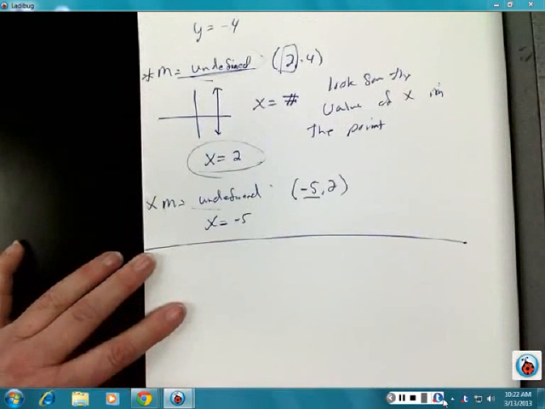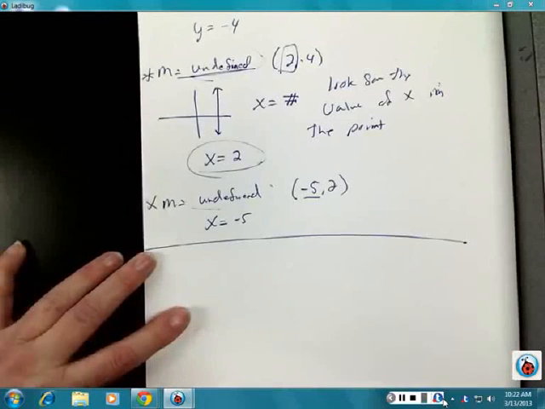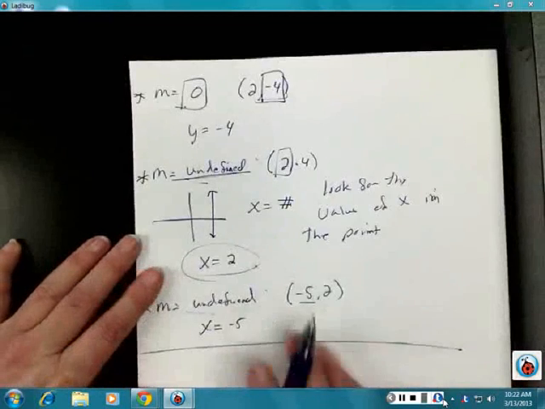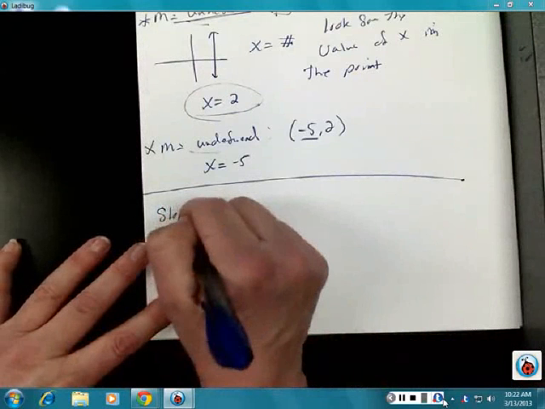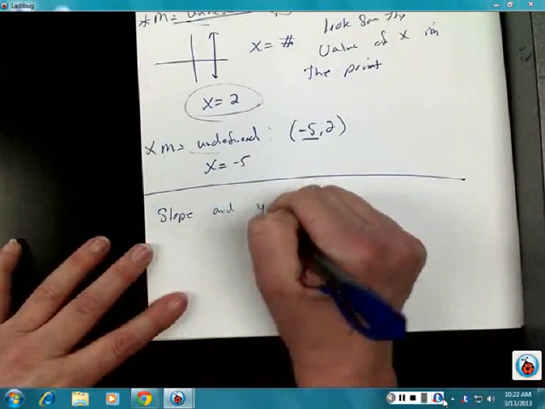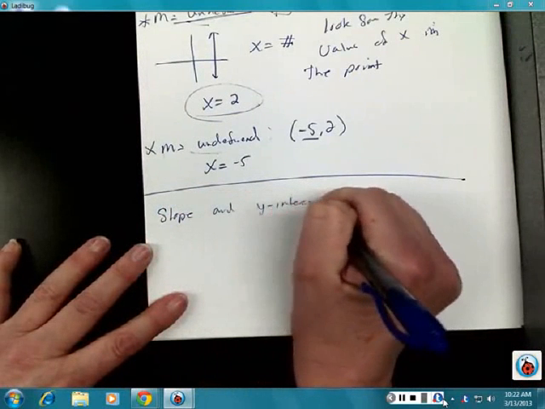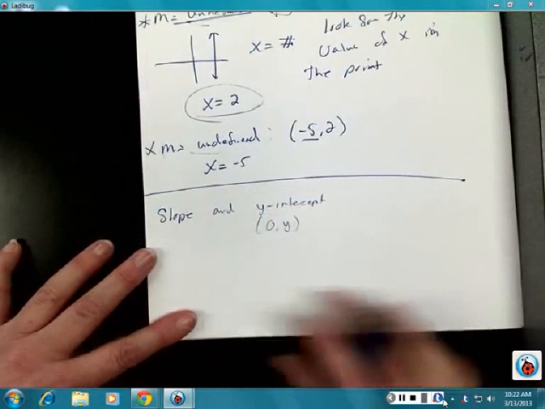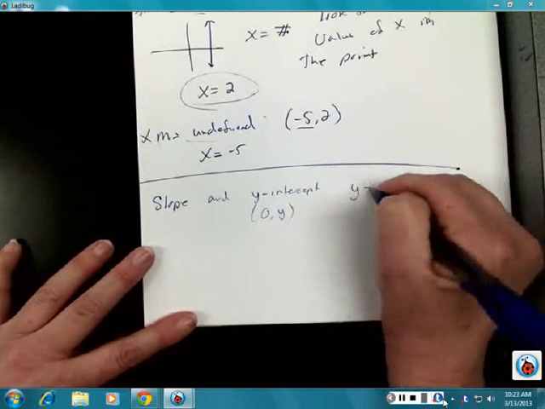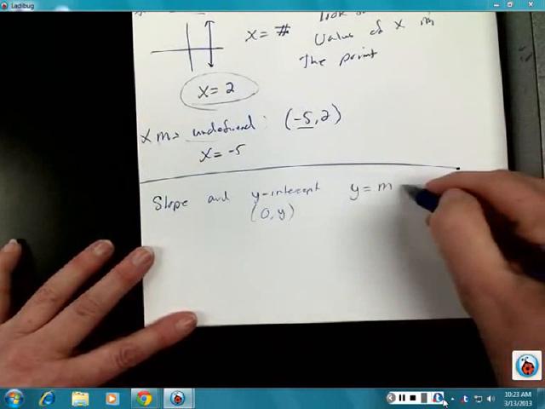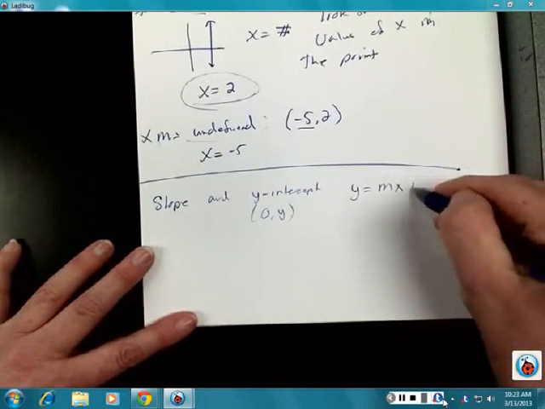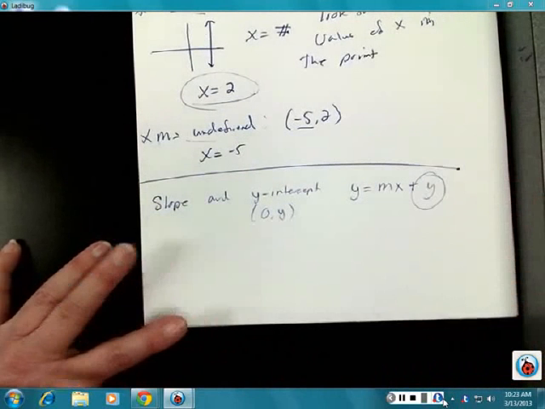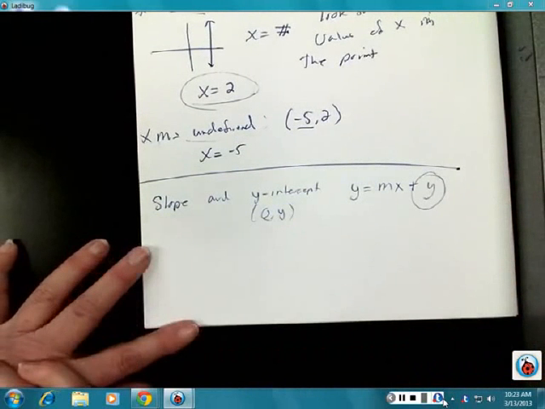If they give you the slope and the y-intercept, which is 0 comma y, you can get your equation as simple as putting your slope in with your x plus whatever y is in your point to get your b.